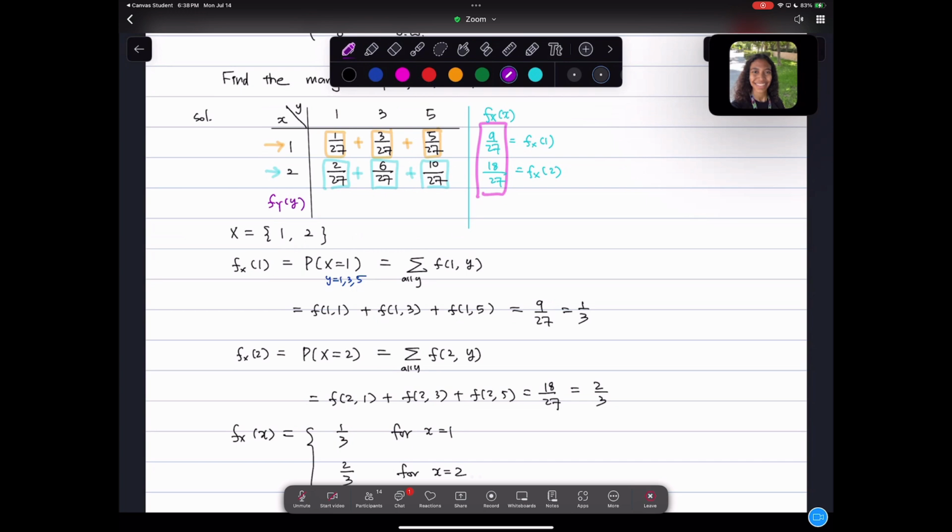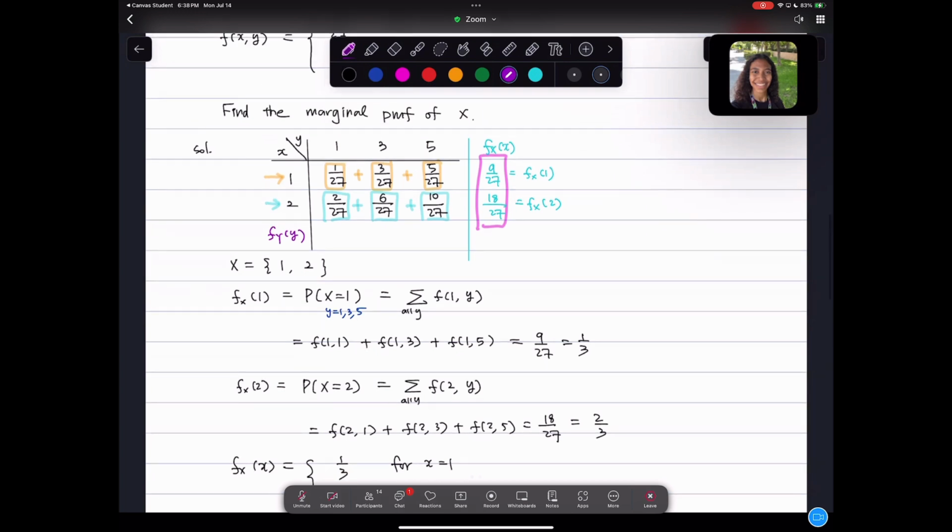So this time when the y value equals 1, that's my y value of 1. So I'm going to be adding these two to get the probability. So 1 plus the 3 over 27. So that's 3 over 27. That's your f of y value of 1.